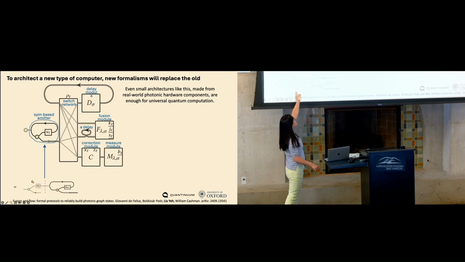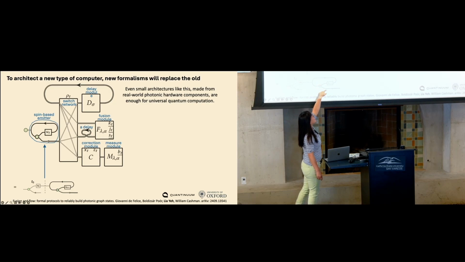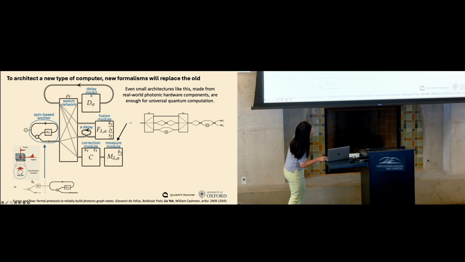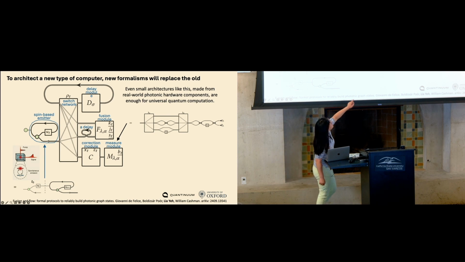This is a stream, where at this time step you do this, and at the future time steps, this is a recursive definition of what is the process being done. This is an entangled photon emitter, one way to emit entangled photons in photonic hardware. And you could also decompose these measurement modules. If you zoom in, then these are linear optical circuits. Those are beam splitters in the middle there.